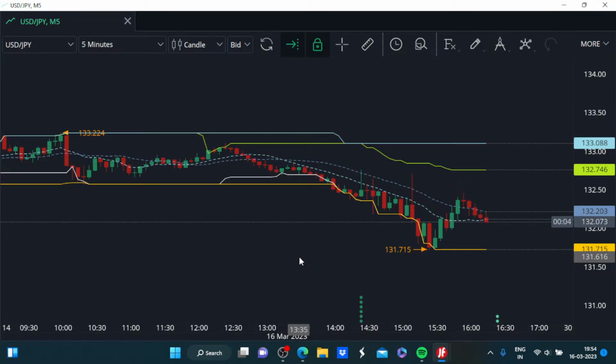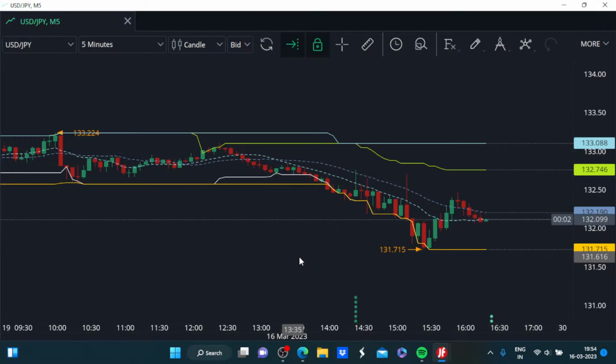If we look at the chart of the USD JPY, you can notice that the US dollar is on the back foot, and JPY has been appreciating against almost all the major currencies in this flight to safety kind of situation, because we saw the Credit Suisse fiasco, and after that the JPY appreciated substantially and the euro went on to decline in yesterday's session.